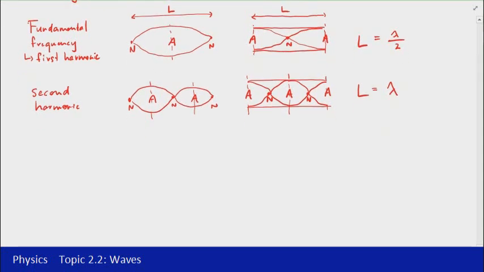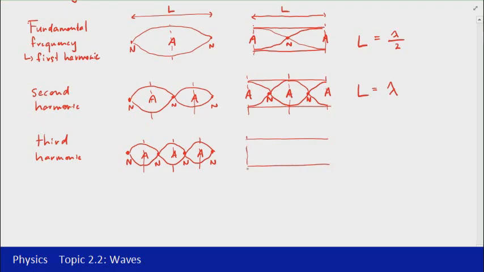If we then go up to the third harmonic, we take that one step further. We're now going to have two nodes in the middle with the nodes at the end, and again we'll have antinodes in between them, so that shape is formed. You can see now that the length of the string is actually longer than the wavelength of the sound.